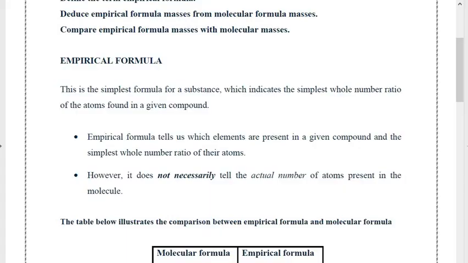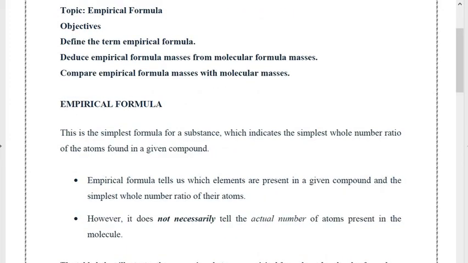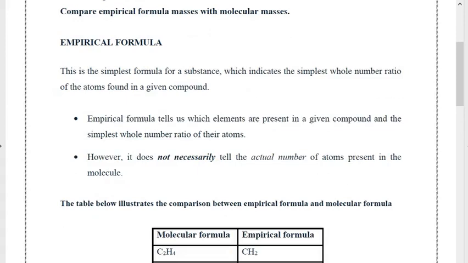You will find that this molecule has more than one nitrogen atom and more than one hydrogen atom. When you are given these compounds or molecules and you want to find the empirical formula, all you're doing is looking for the simplest whole number ratio of the atoms found in a given compound.